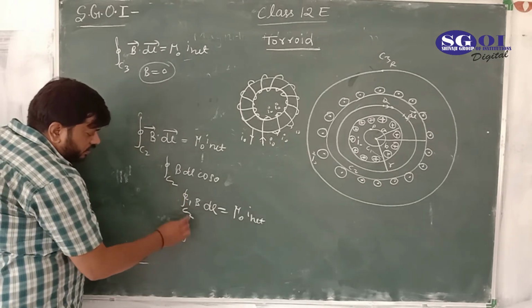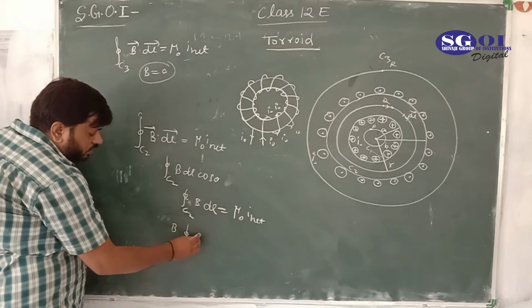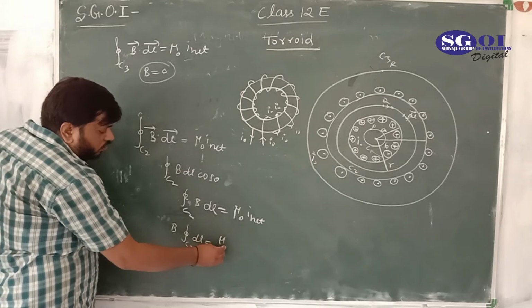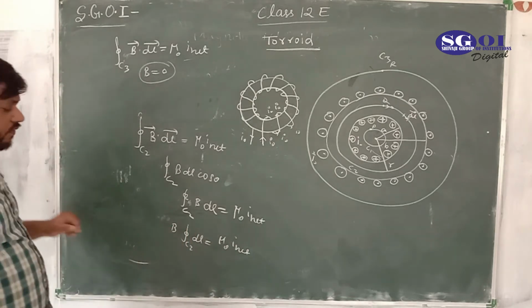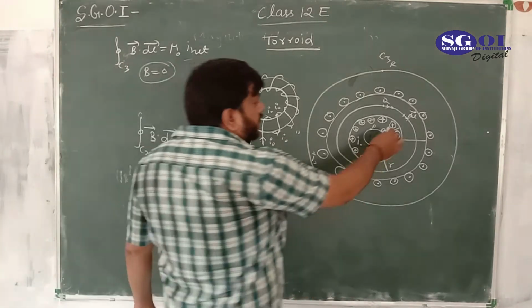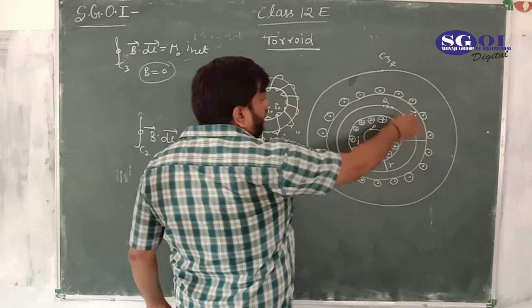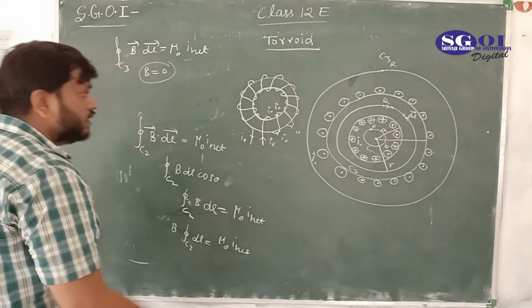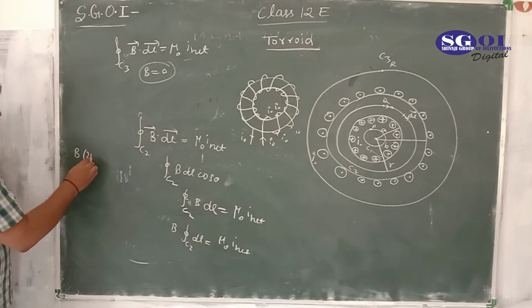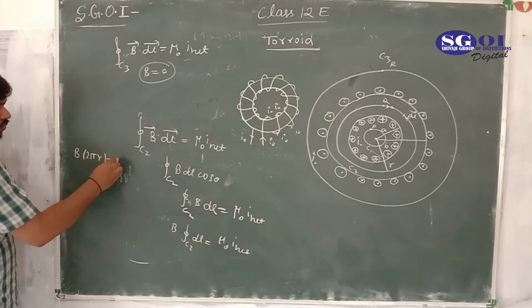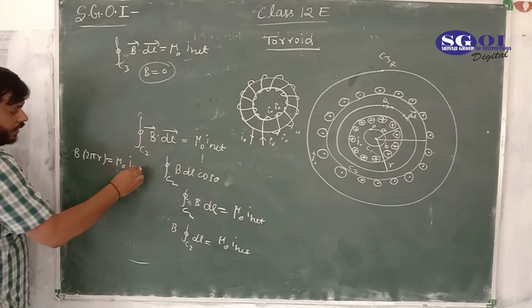So finally we have B times the integral of dl over C2 equal to mu naught times I net. And what is the integration of dl over C2? All the small dl are adding. So it is the circumference of this loop. So it is 2 pi r. So it is B 2 pi r equal to mu naught I net.